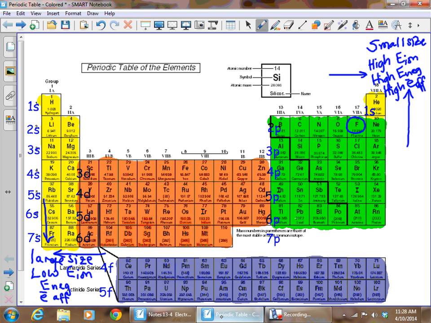So by looking at whether you're moving down the table, across the table, to the right or to the left, going up the table, all of those will help you get relative ideas about how these elements compare to each other. Let's look at atomic radius first.